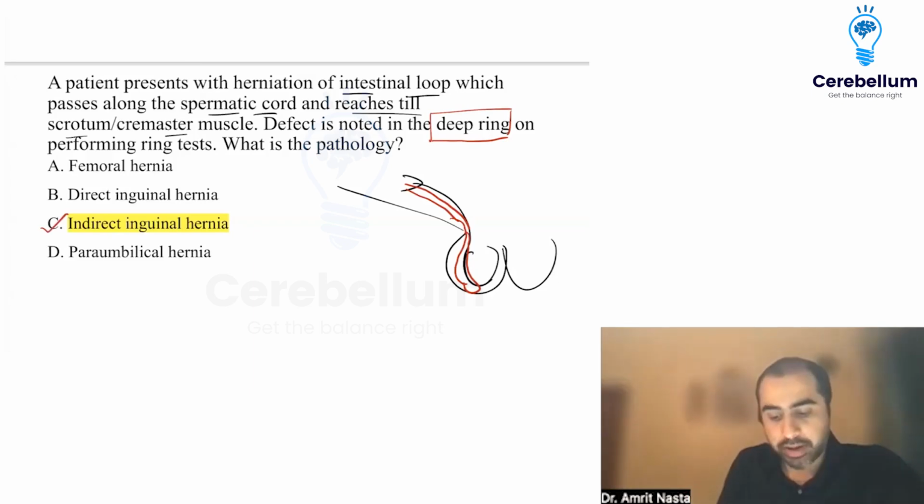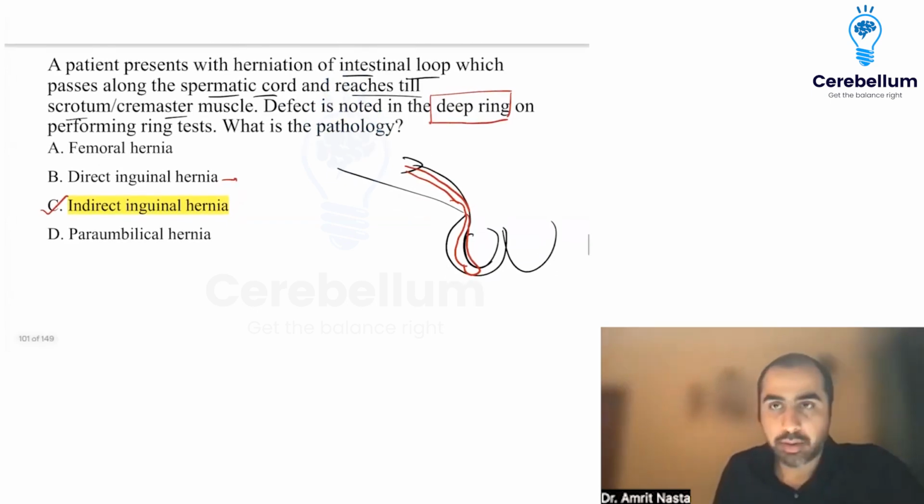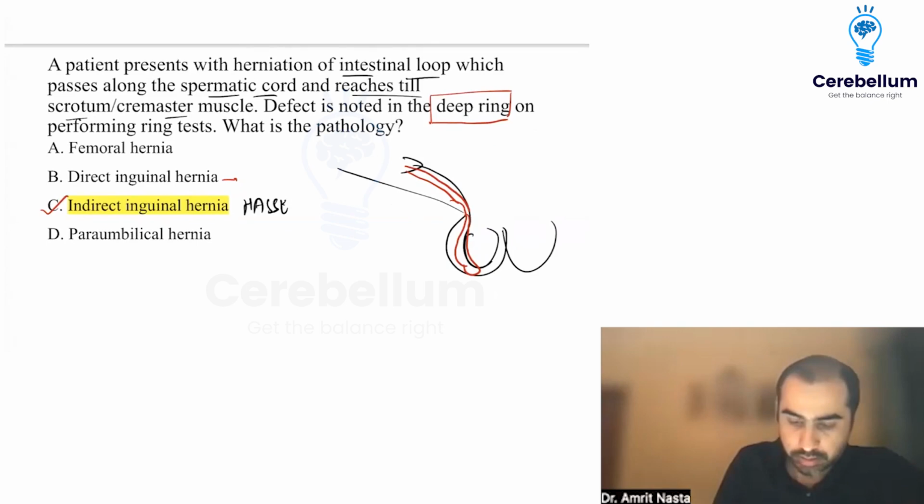What is the defect in a direct hernia called? Direct hernia occurs from what defect? Quickly tell. Direct hernia, what is the defect? Very good. Hesselbach triangle. So direct hernia, Hesselbach. Indirect hernia, deep ring.